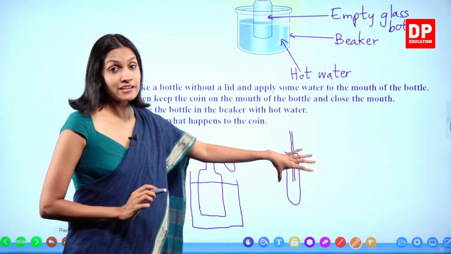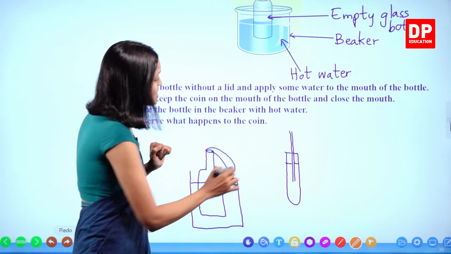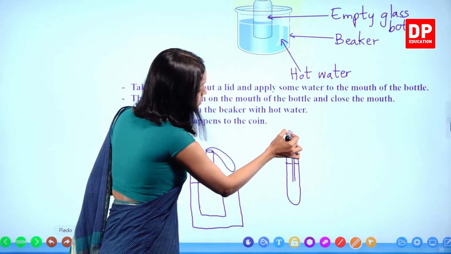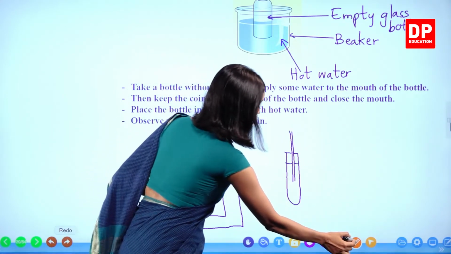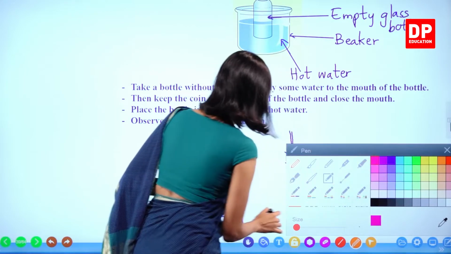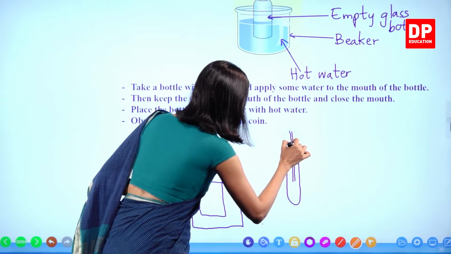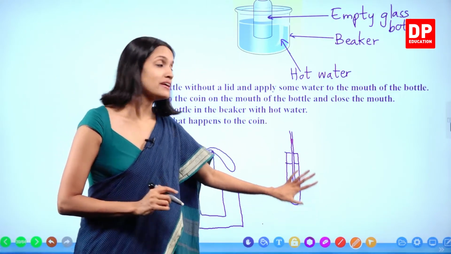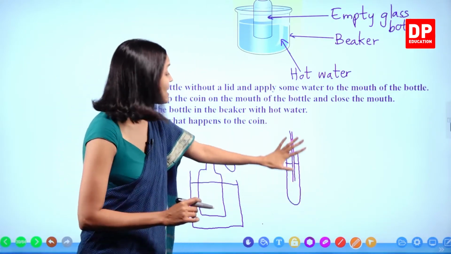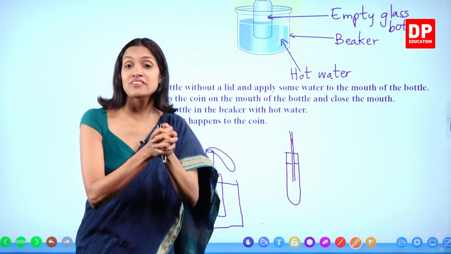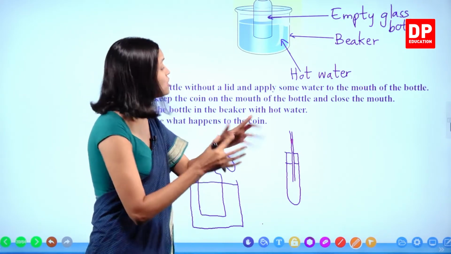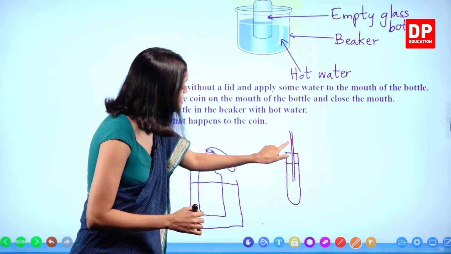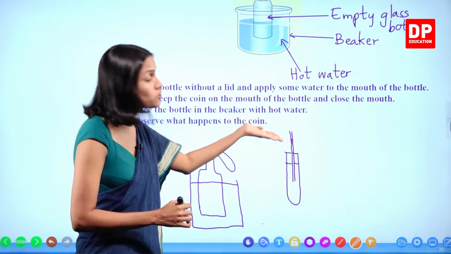Before we started this activity, we trapped a drop of colored water inside the empty pen tube. I'll show it in a different color. A drop of colored water inside the empty pen tube. Then we held this empty test tube tightly with our hands. Then you could observe that this colored drop of water moves up.